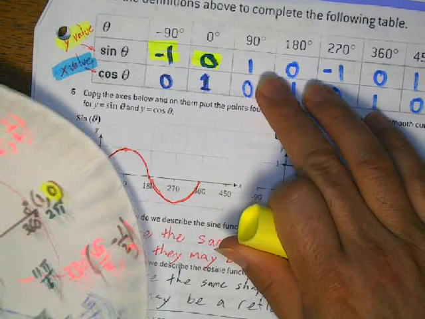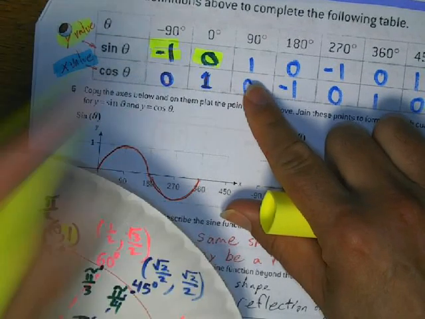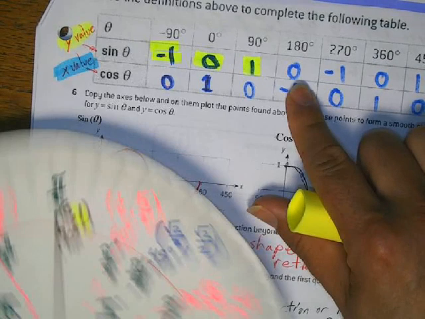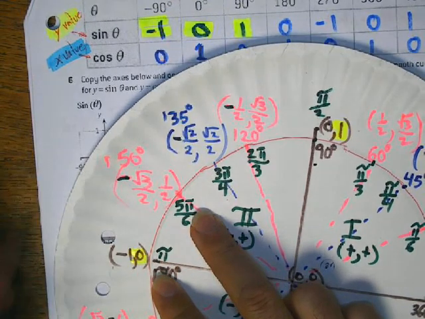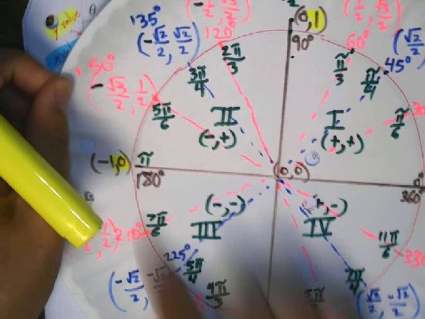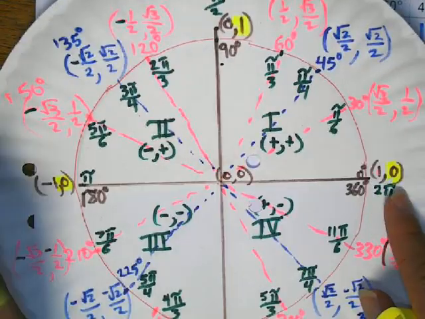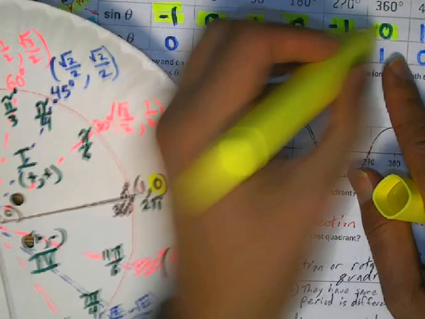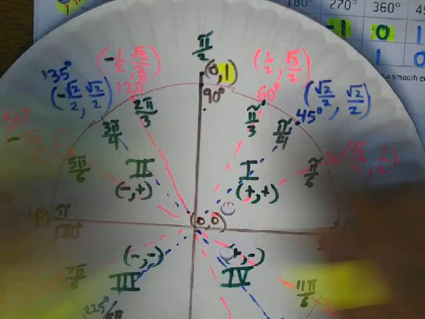At 90 degrees, the sine value is 1. At 180 degrees, the sine value is 0. At 270 degrees, the sine value is negative 1. At 360, we're back to where we started, at 0. At 450 degrees, that's 360 plus 90. That brings me back up here. We're at 1. Okay.